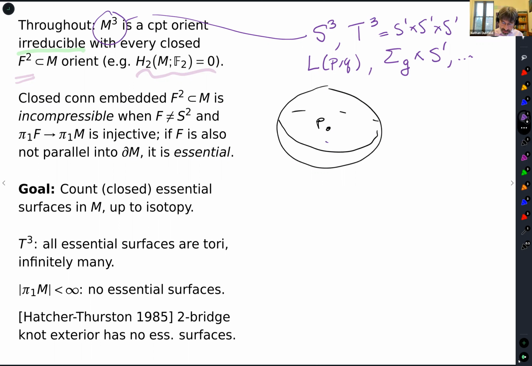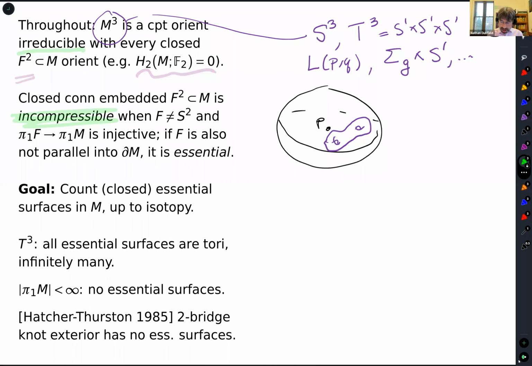So let's say a little genus 2 surface sitting in a neighborhood of that point. That surface tells us nothing about the global topology of this particular manifold. And so we want to look at surfaces that are basically the opposite of the surface I just drew, surfaces that are topologically essential. So the notion here is that of incompressibility.